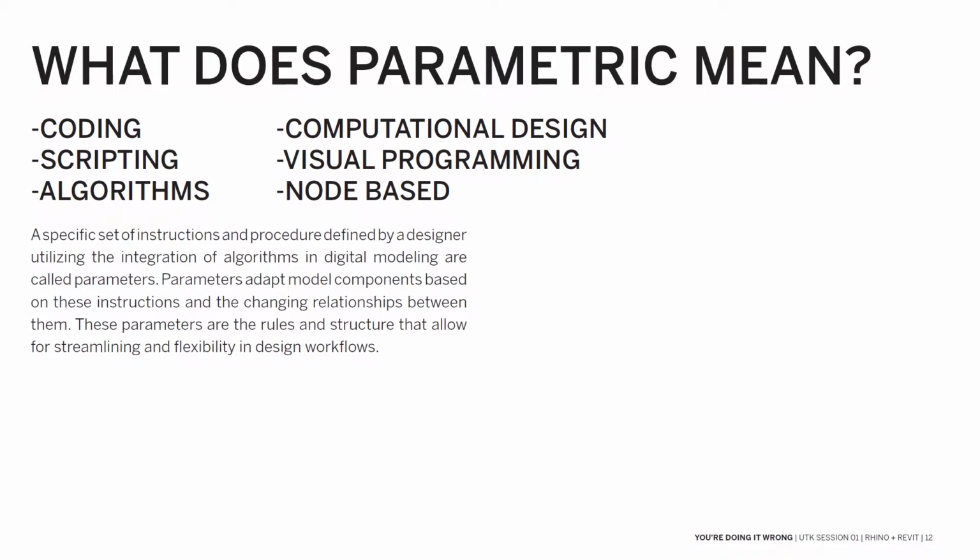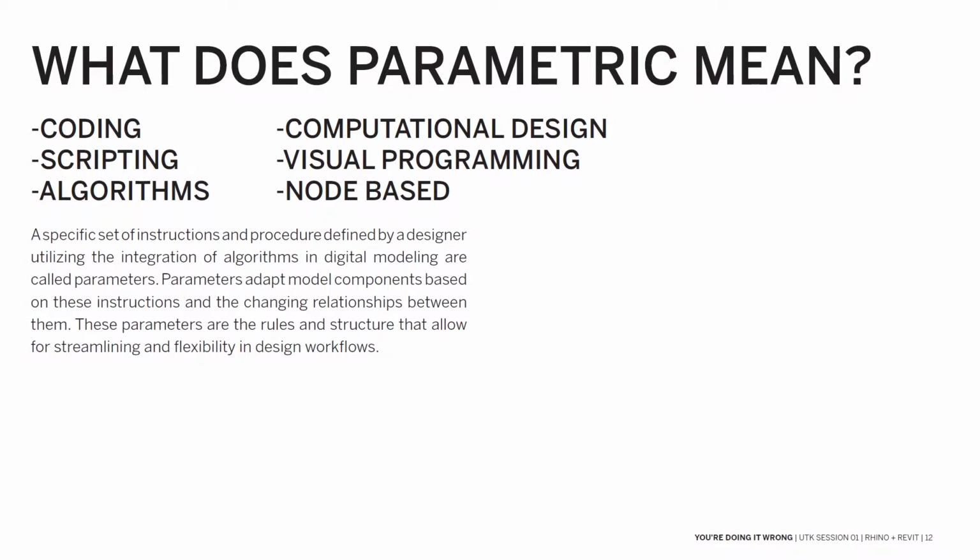All right. So let's talk about parametric. What does that mean? So you hear that term thrown around a lot. This is a parametric model, or that's a parametric building and it looks all wavy and curvy and it looks like Zaha Hadid designs. There's much more to it than that. So parametric, you could use it for synonyms like coding, scripting, algorithms, computational design, visual programming, node-based programming.